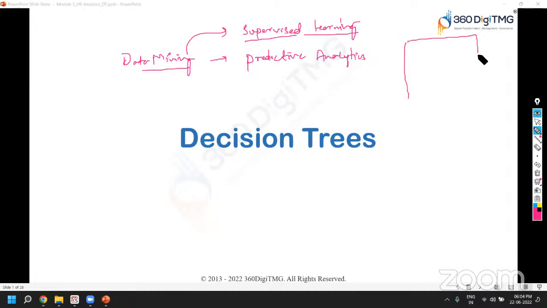But in order to do this, first we need to have historical data wherein you already know what the output is, and what the inputs are which are influencing the outcome. So there is a cause and effect relationship between these factors or features, and we are trying to establish this relationship in a mathematical form or mathematical model.